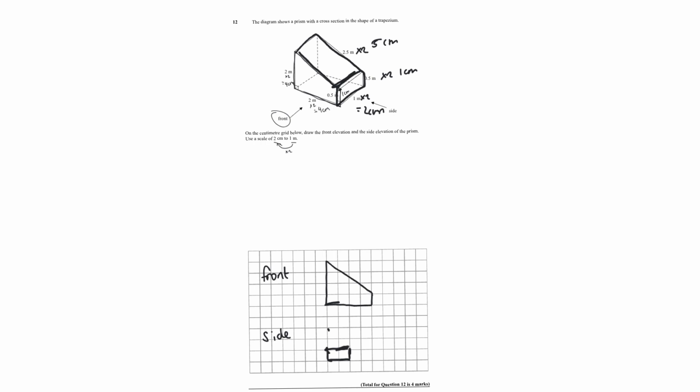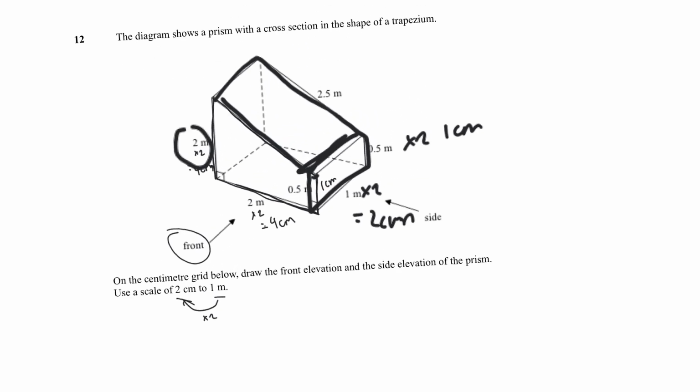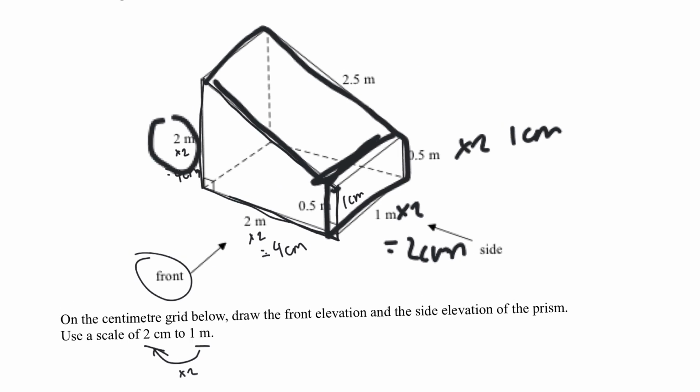The key thing to note here is that for this length, the 2.5 centimeters, we're not going to be drawing that down, because if you're looking at that side on, you're not really going to see a slant. It's going to look like a flat plane. So we're going to focus on this 2 meters here. I'm going to zoom into the shape again. I'm going to focus on that 2 meters, because that's the main height of all of that.